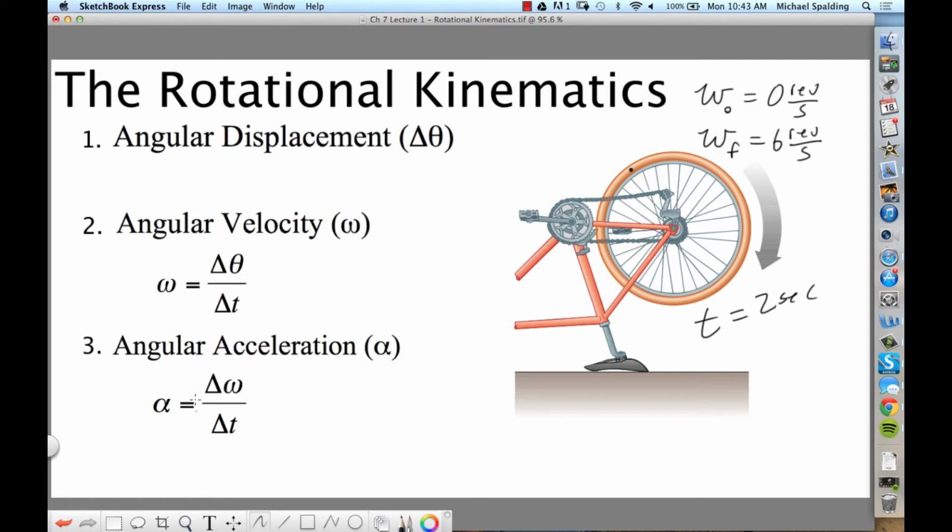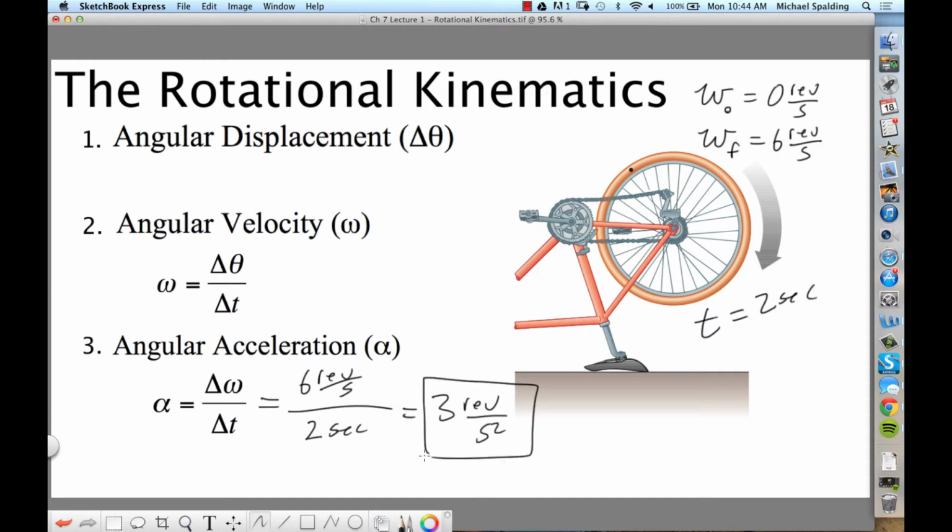Yeah, because the bicycle wheel starts from rest, and it goes faster and faster. It speeds up. Okay, so what's our change in the angular velocity? The angular velocity goes from 0 to 6. So what's the change? 6. And how long did that take? 2. So this ends up being 3 revolutions per second squared.